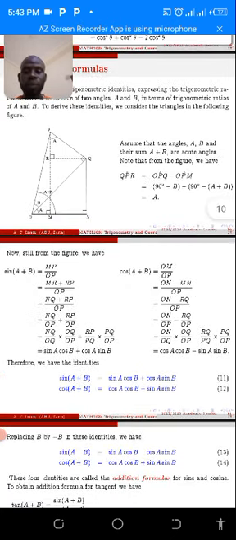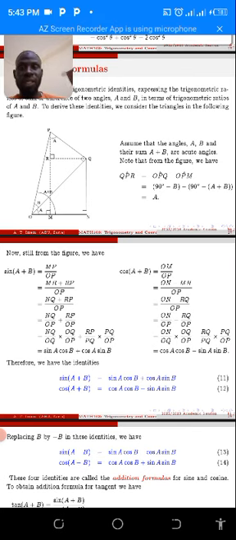Now, let us take the sine of A plus B. We look at angle A plus B from the left-hand side at the bottom of the figure, angle A plus angle B meeting at a point O. So for the sine of that angle, we are going to consider the triangle OPM.